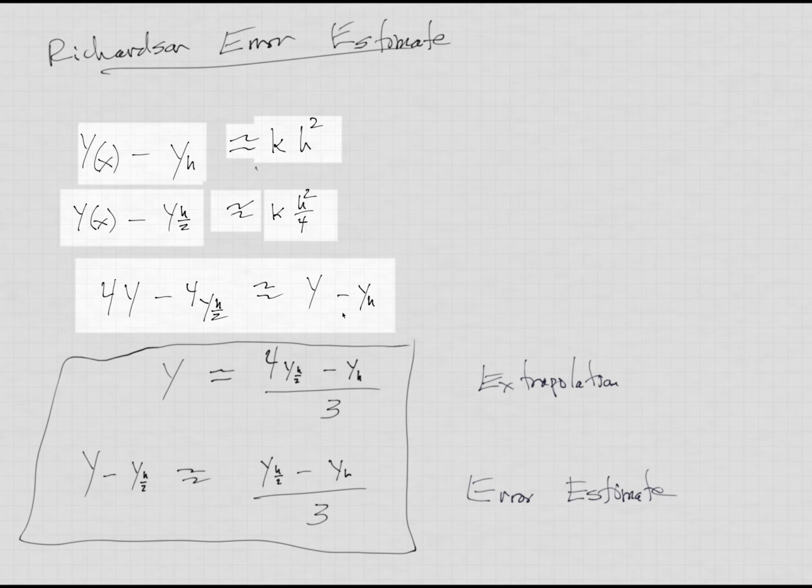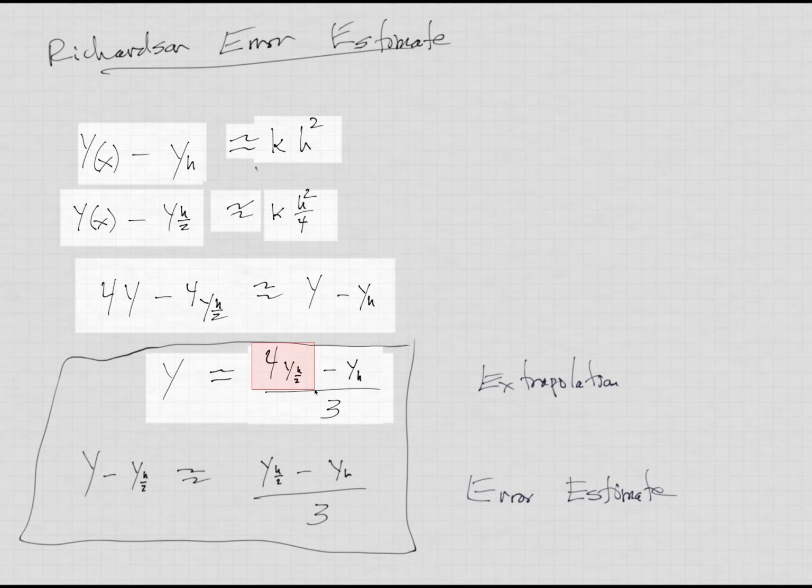And then there are two ways you can solve this. You can either solve for y to get an immediately better estimate for what the true value of y should be. And it turns out you get 4 times the better estimate, y using h over 2, minus the previous estimate, y using h, divided by 3. And again, this is like weighting the two estimates.